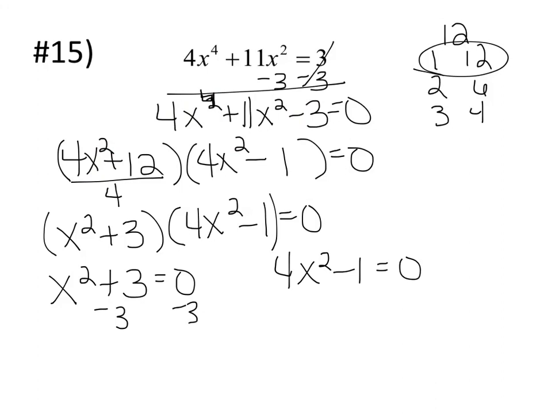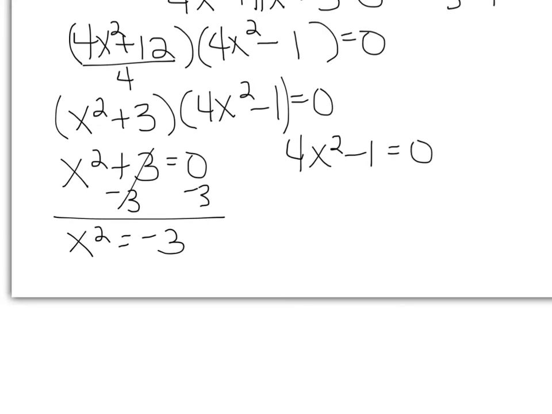Subtract 3 from both sides. You get x squared is equal to negative 3. Square root both sides. Square root and square cancel, leaving you x equals plus or minus i square root of 3, plus or minus because I wrote the square root, and i because there was a negative underneath the square root.